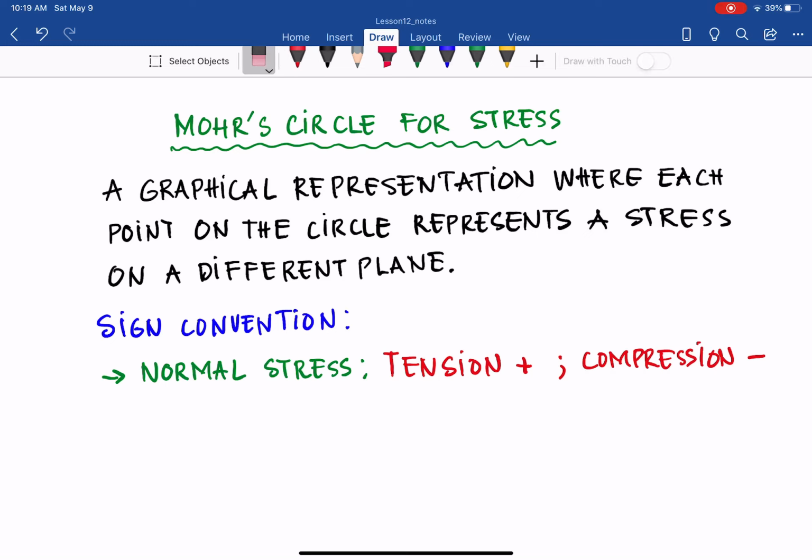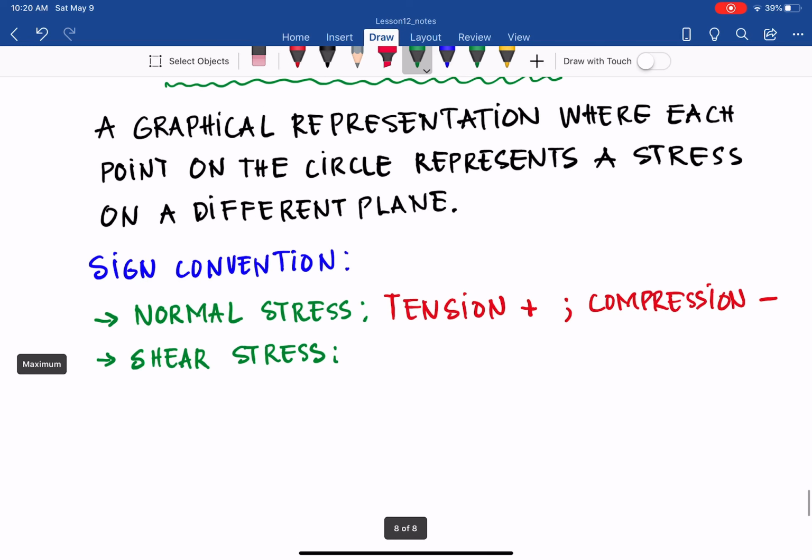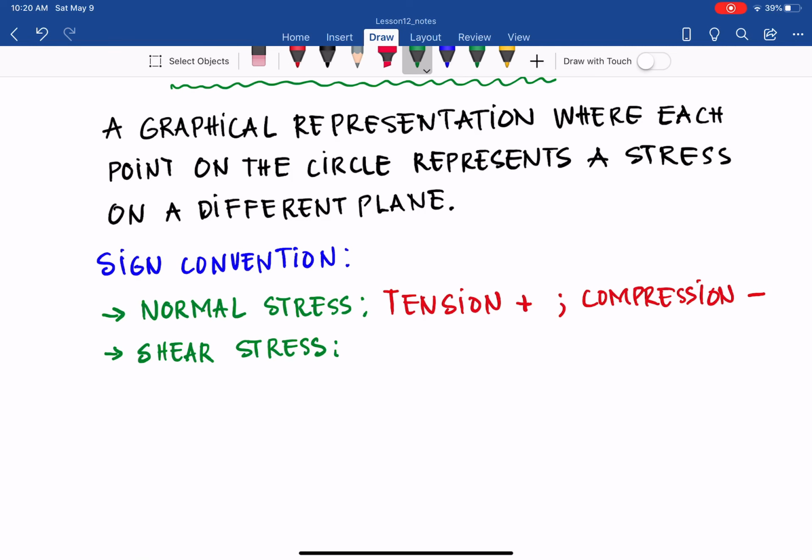The difference between the sign convention of the Mohr circle and the analytical method we talked about earlier with the equation is the shear stress. What is the sign convention in the analytical method that we already discussed?